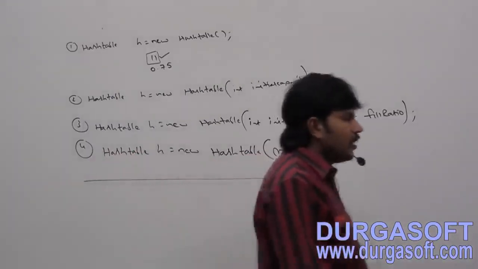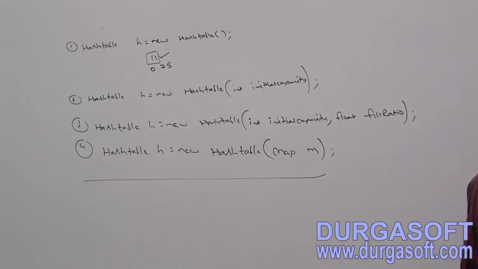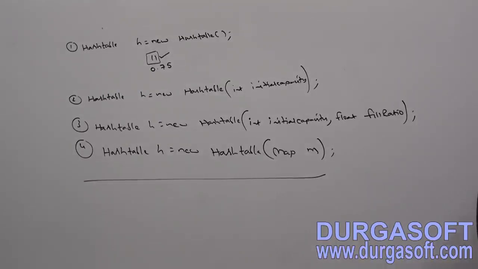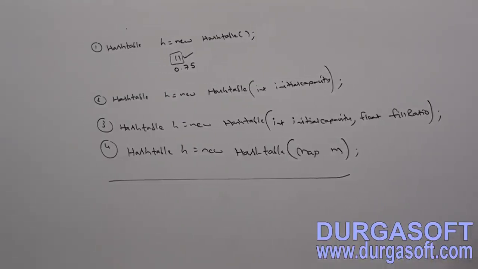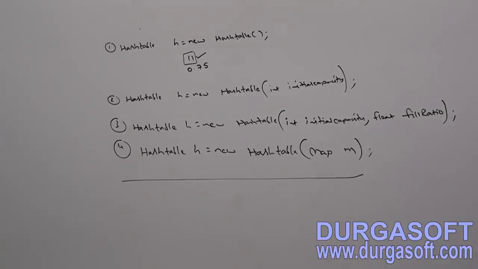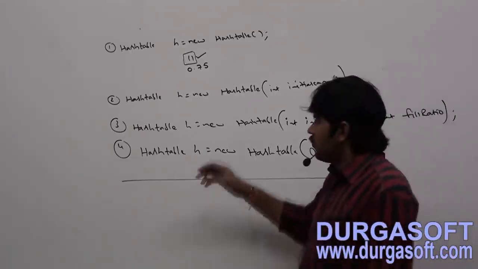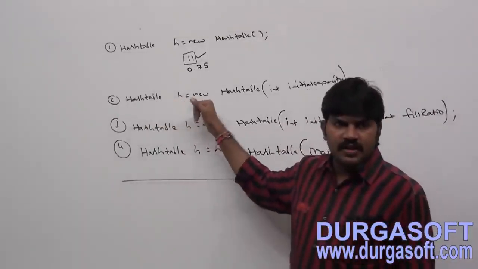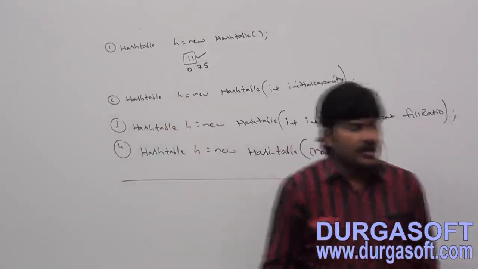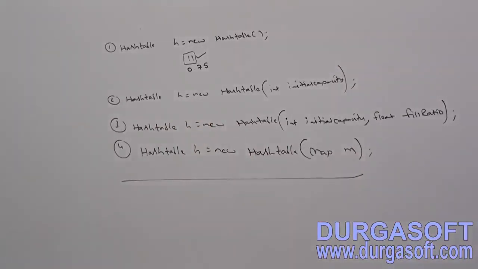Like second one, hash table h is equal to new hash table of int initial capacity. Second one does not require any explanation. Do you want me to explain anything here? Next, third and fourth, better to take directly.